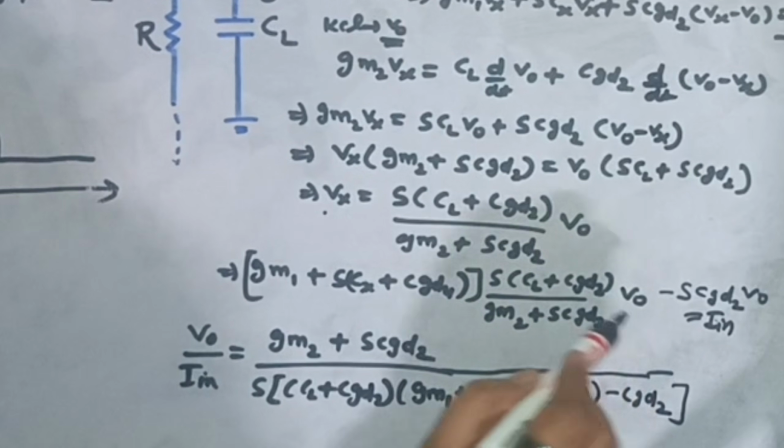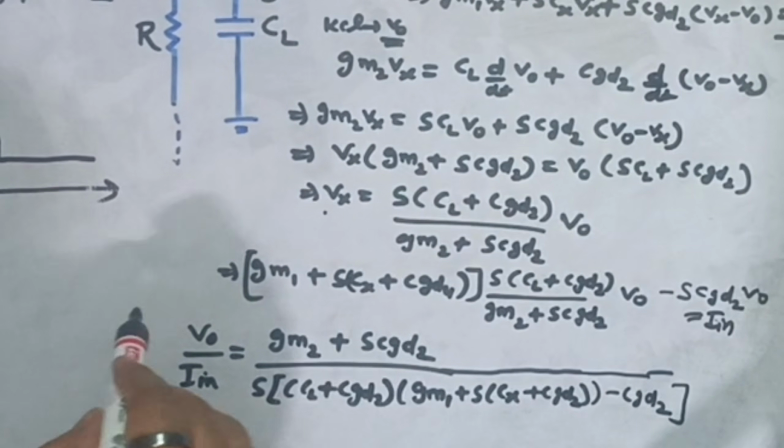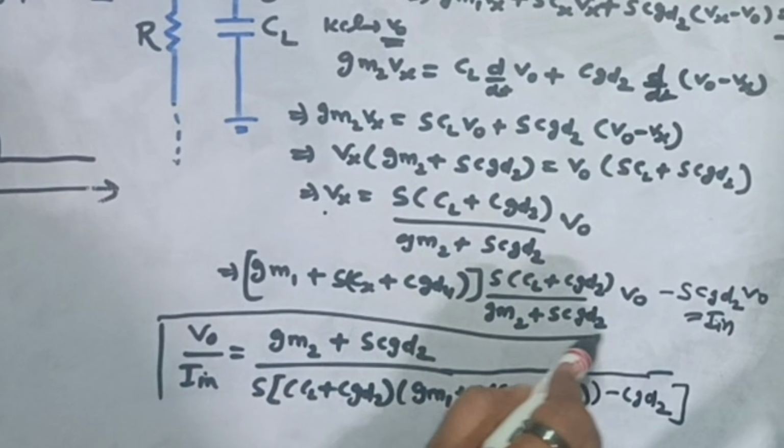This will be the value which we will get if I write V naught upon I in. Now this is the transfer function which we have derived for this current mirror circuit.